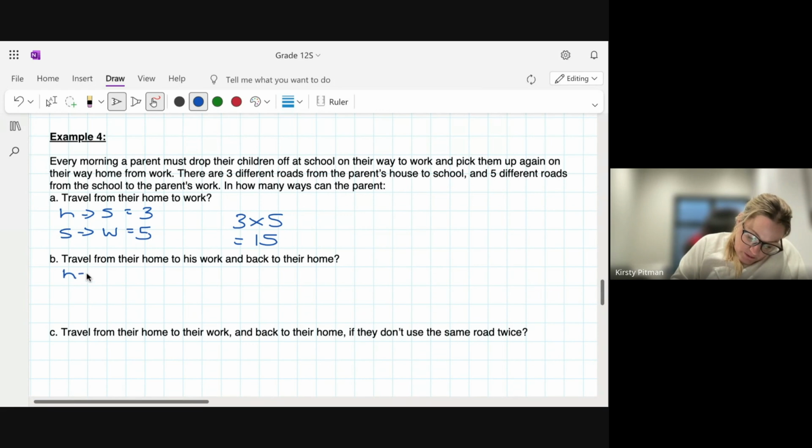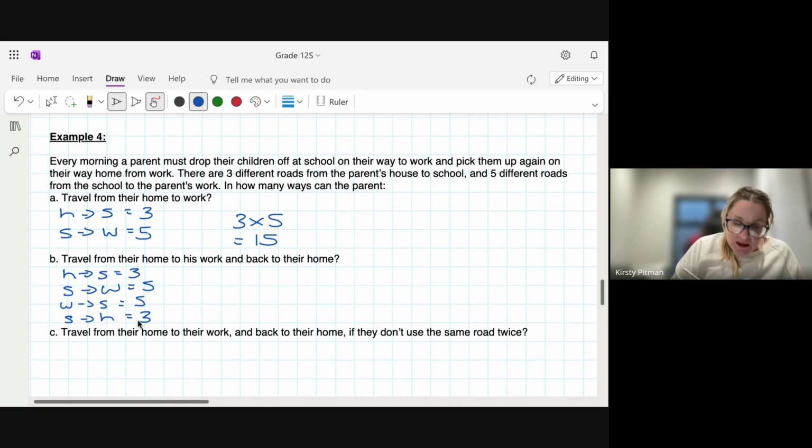I'm going home to school. That's 3 options. I'm going school to work. That's 5. Now I must go backwards here. I must go work to school. And that gives me 5 options again. And then I must go school to home.